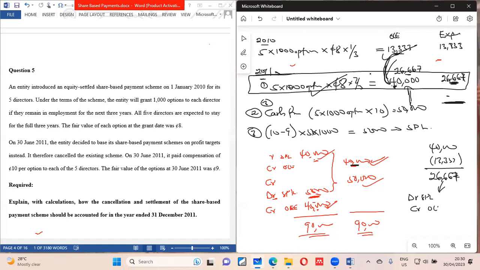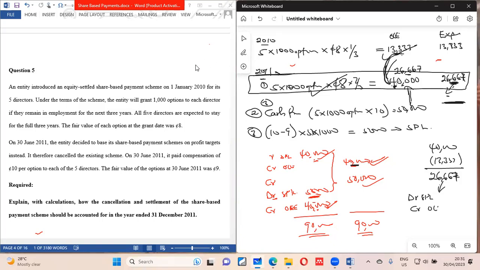If it was not cancelled, you accumulate them. If it is cancelled, it is not there for you to accumulate, for you to have a 40 in the OCE. All right. So that is that. Yes, please.